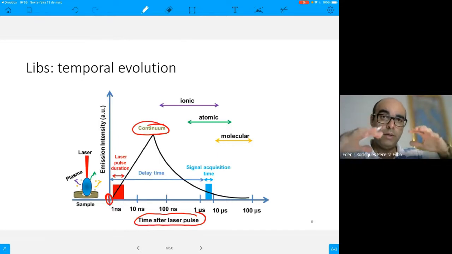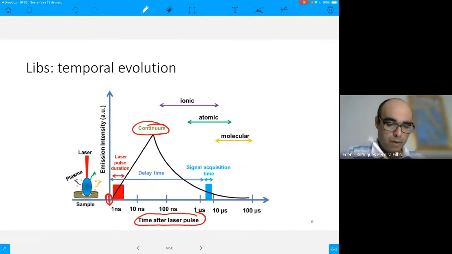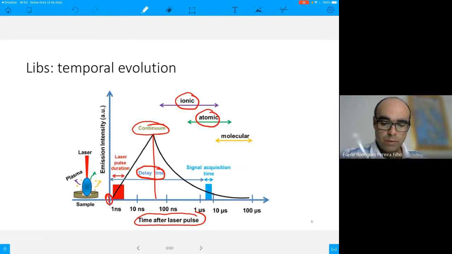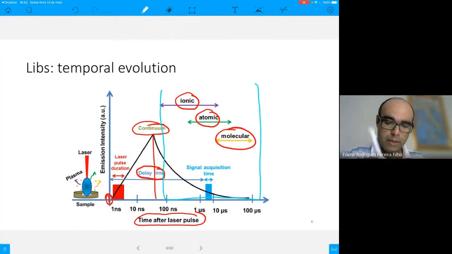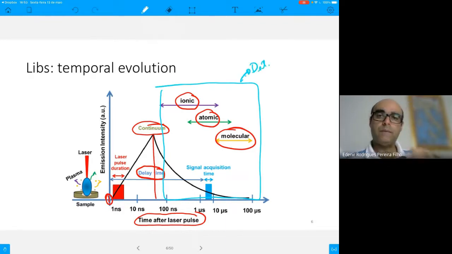We need this radiation to decrease, and the time for the radiation intensity to decrease is named delay time. After that, we have ionic, atomic, and also molecular emission. And in this time window, we can perform determinations of the analytes.